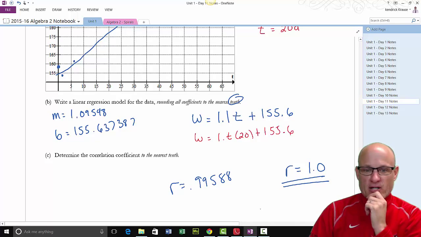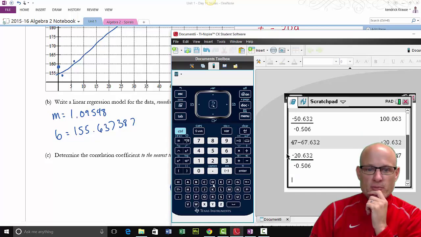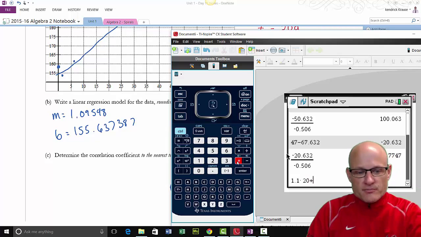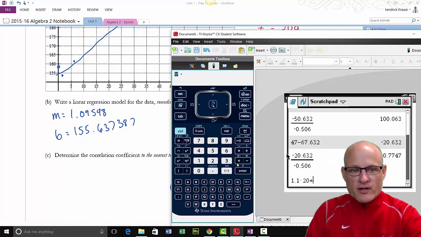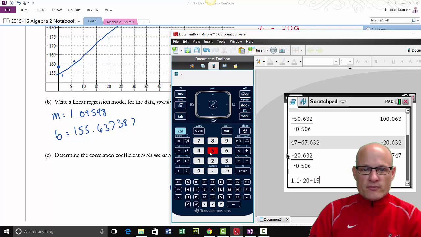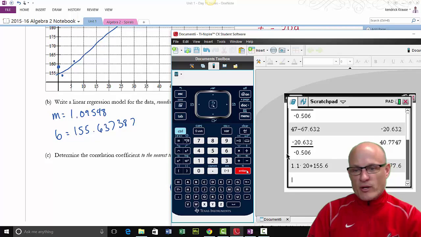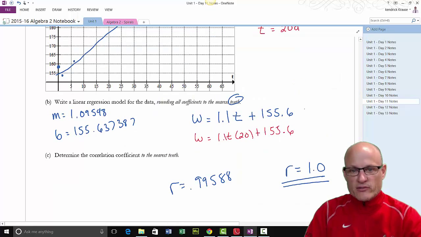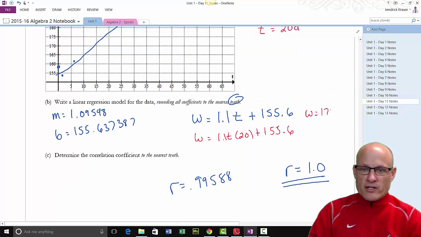So on my calculator, 1.1 times 20 plus 155.6, and I would get an elephant that weighs 177.6 pounds.